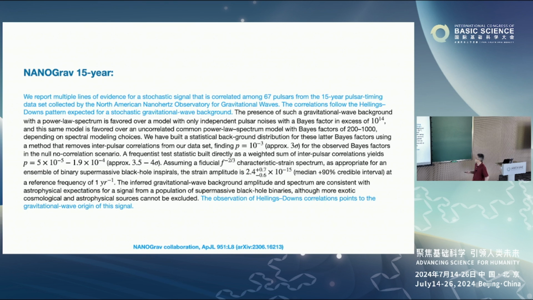But we see that their p-value is not small enough to claim detection. So they only have around 3.5 to 4 sigma evidence that this signal may be the gravitational wave background. Finally, they also claim that the observation of Hellings-Downs correlation points to the gravitational wave origin of this signal. So anyway, they didn't claim they already detected a gravitational wave background in their data set.